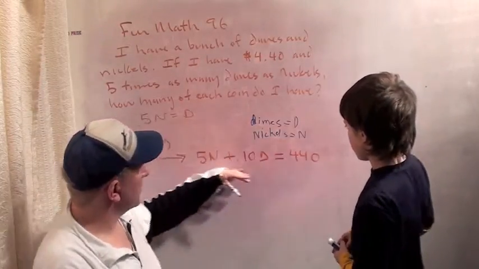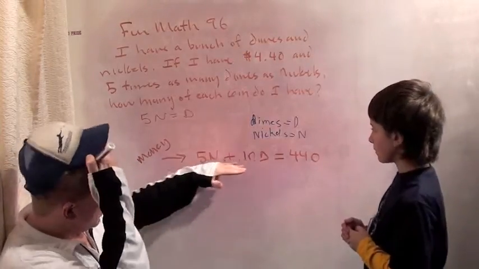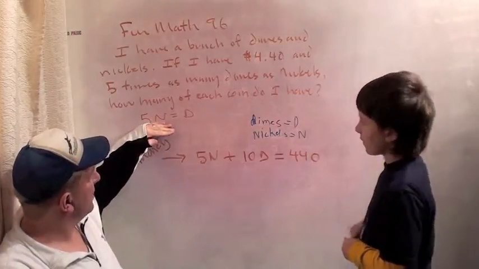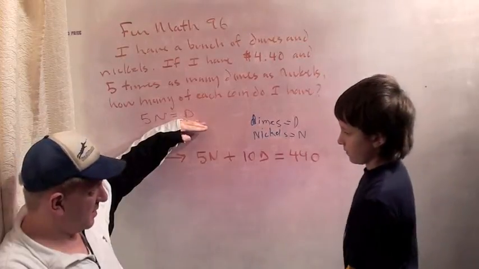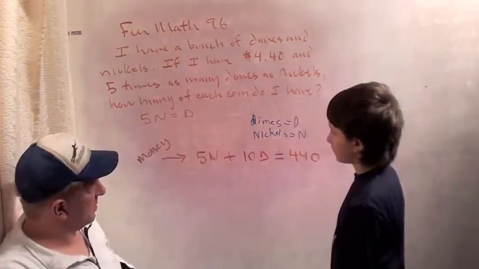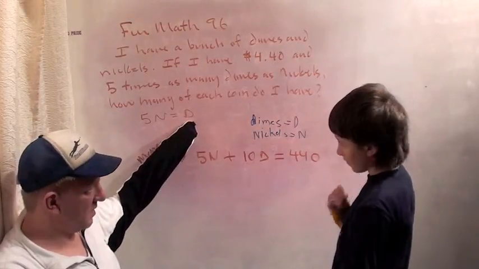Okay, so this is the critical equation here. So first, don't try to get rid of the N's and D's. Just write down what information you have. The first bit of information you have is 5N is D. That's 5 times as many dimes as nickels. This is the number of nickels times 5 is the number of dimes.